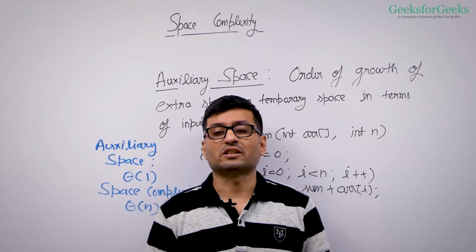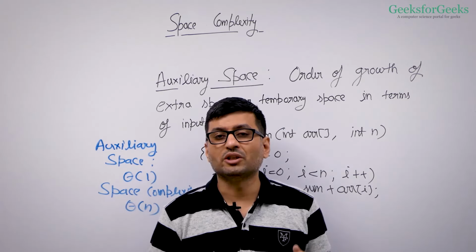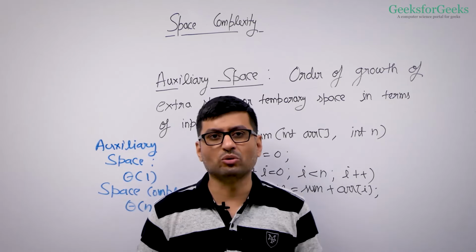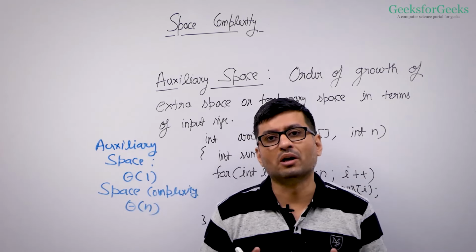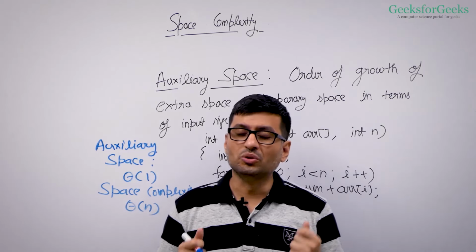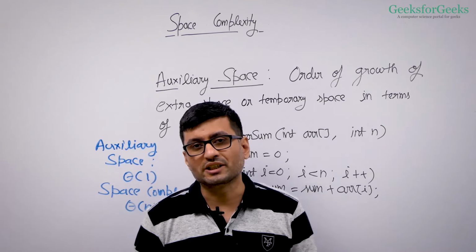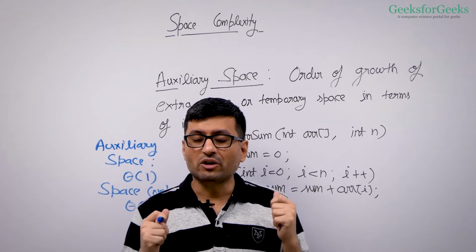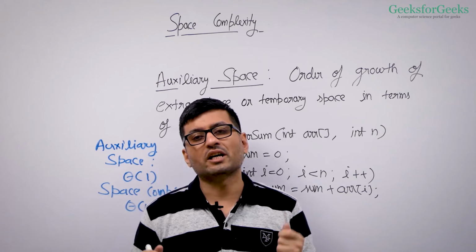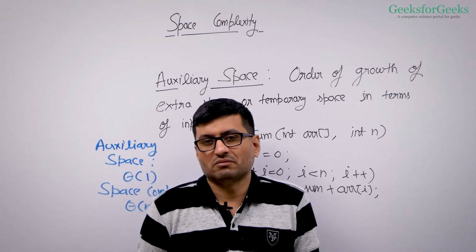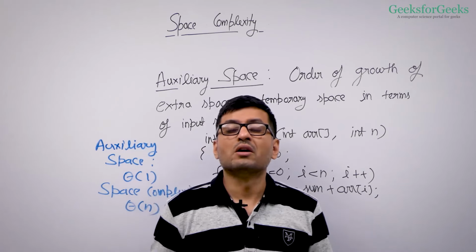However, there exist sorting algorithms that use extra space to do the sorting, an extra array to do the sorting. For example, merge sort. Merge sort is a sorting algorithm that uses an extra array of size n to sort an array. If you take a look at all the sorting algorithms, they are all theta n space complexity because they all need an array to sort, right?